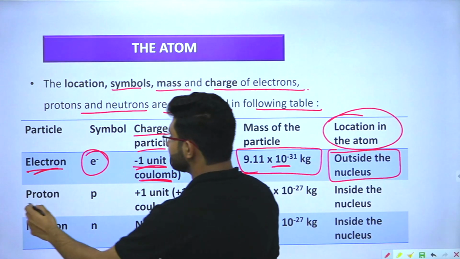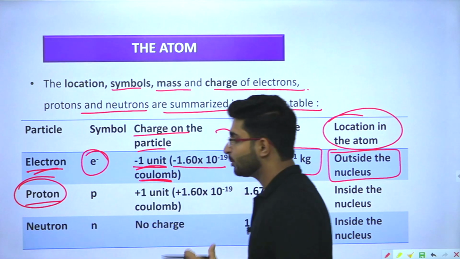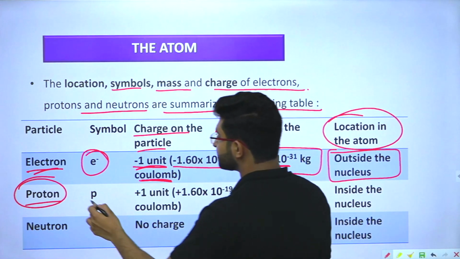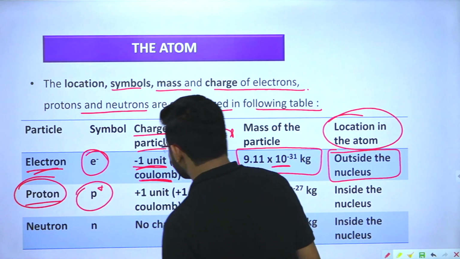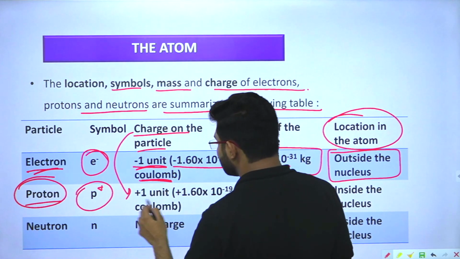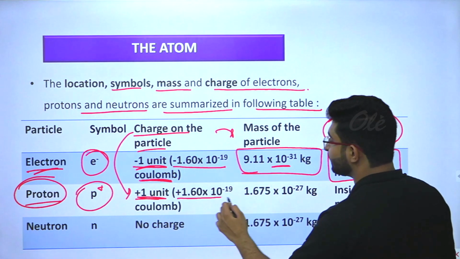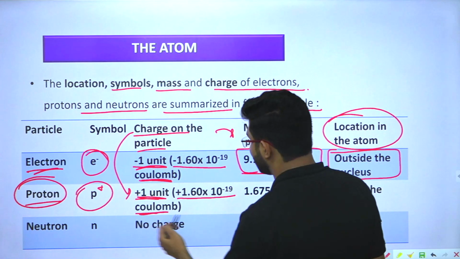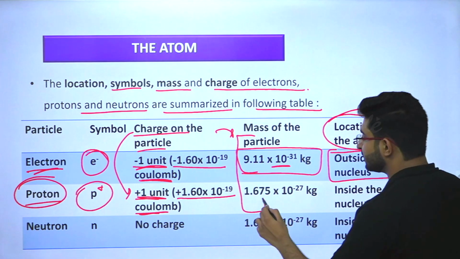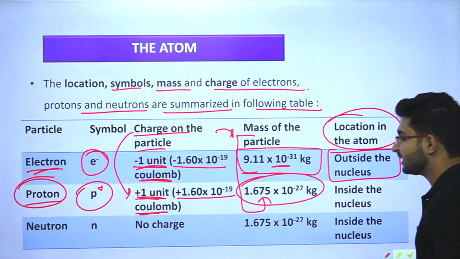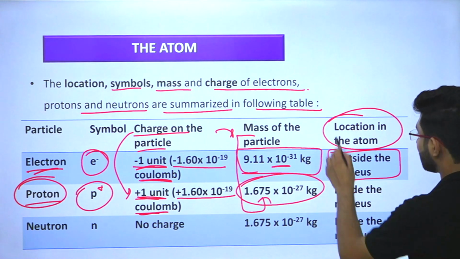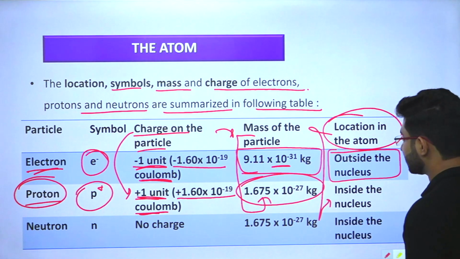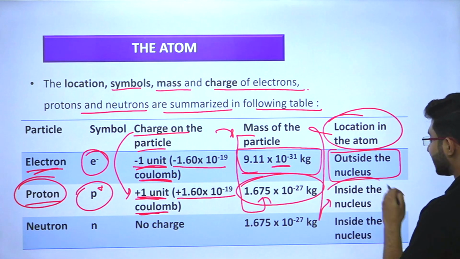The second subatomic particle is the proton. Its symbol is p or p plus, and the charge on the proton is +1 unit, or the specific charge is +1.6 × 10^-19 coulomb. The mass of the particle is 1.675 × 10^-27 kg. It is situated inside the nucleus.